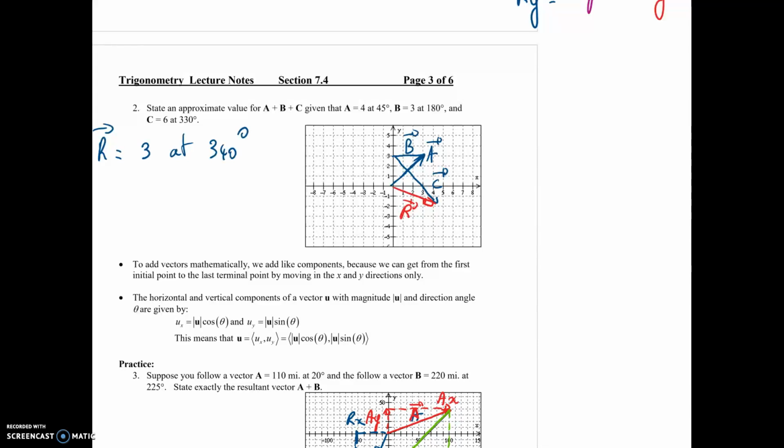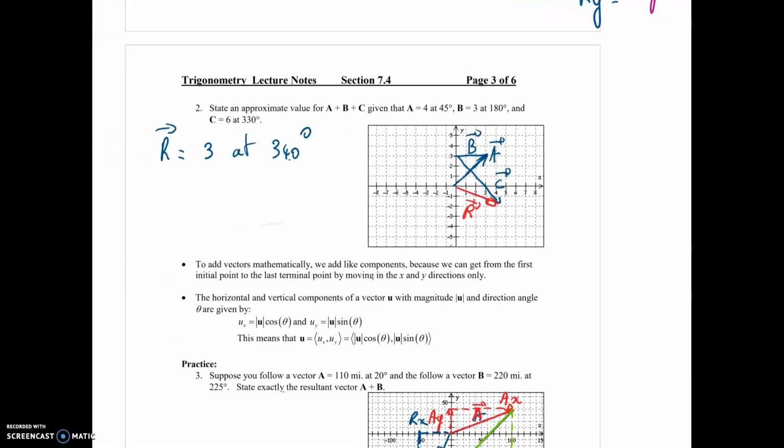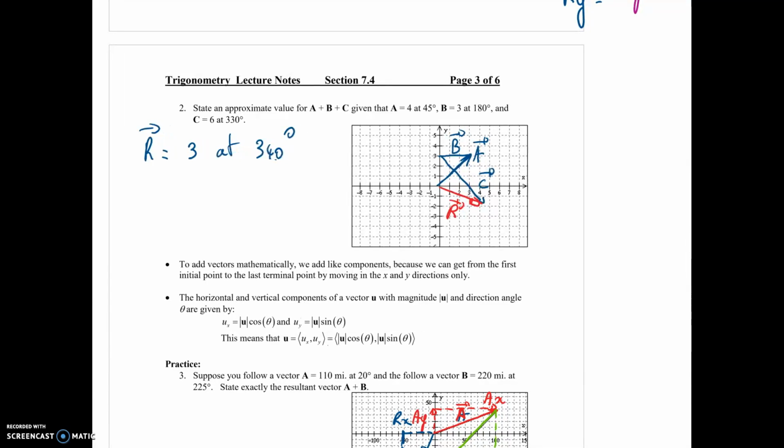Well, when you graph these vectors, respecting the magnitude of each vector and the angle, you will end up with R around 3, at 340 degrees.